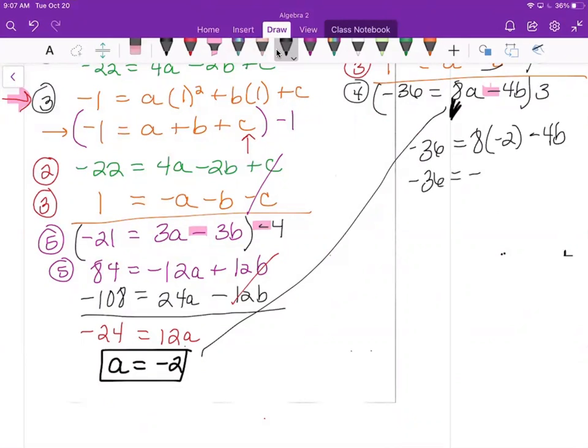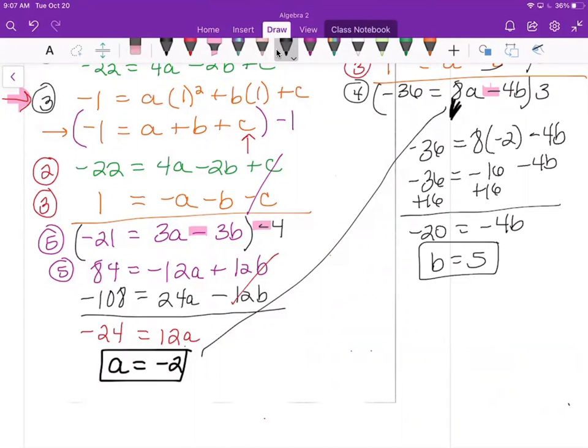That's going to be negative 16. If we add 16 to both sides to solve for our b, we're going to get a negative 20 equals negative 4b. And when we divide both sides by negative 4, we get b equals 5.